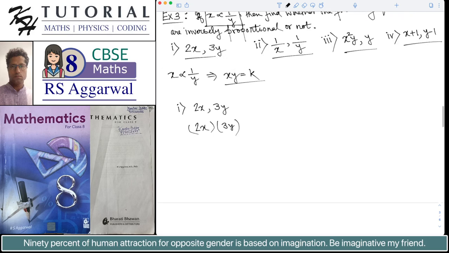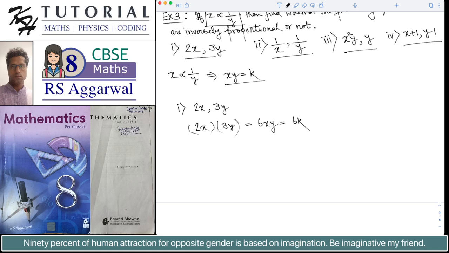Now to verify whether the quantities 2x and 3y are varying inversely with each other or not, we have to verify that their product is a constant. So their product is 2x multiplied by 3y, which is equal to 6xy, which is equal to 6k, since we know that xy is equal to k.